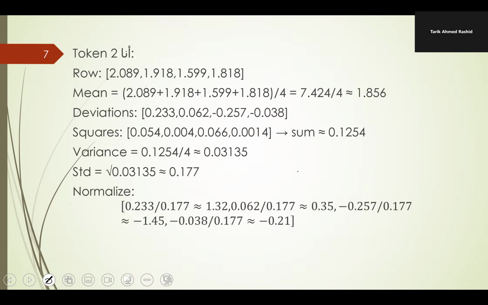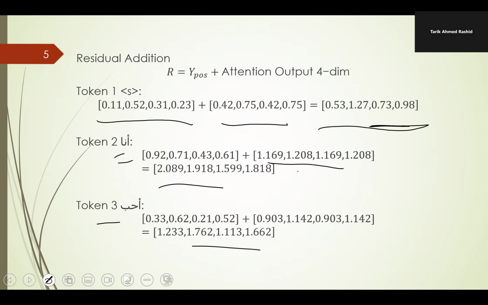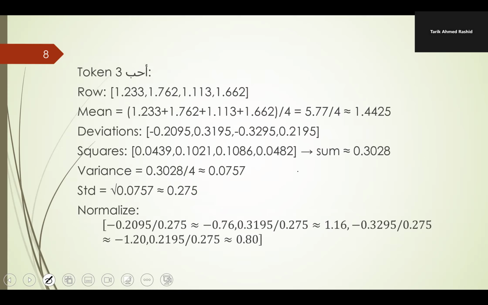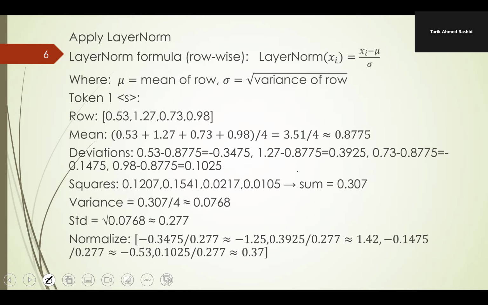For normalization, we take the tokens that we have, and we do row-wise normalization.